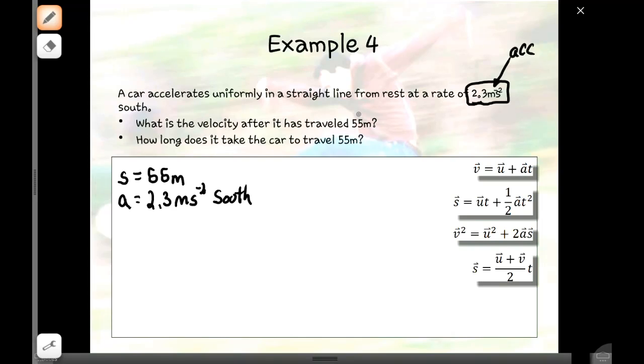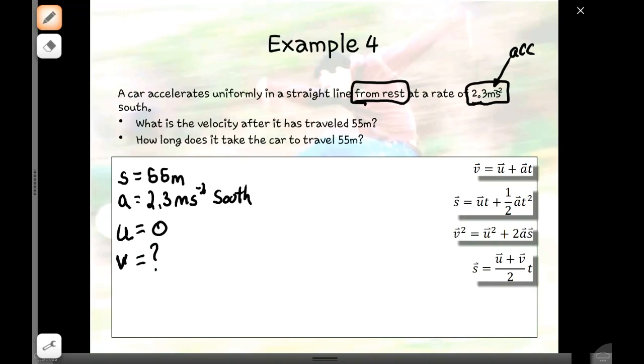Those are the two numbers, but from the words it says it starts from rest, and because it's from rest, that's going to be my initial velocity equals 0. That is everything that I can pull out of this problem, but now I have to write down what I want to know. Well, I want to know my final velocity, so V is going to be my question mark.